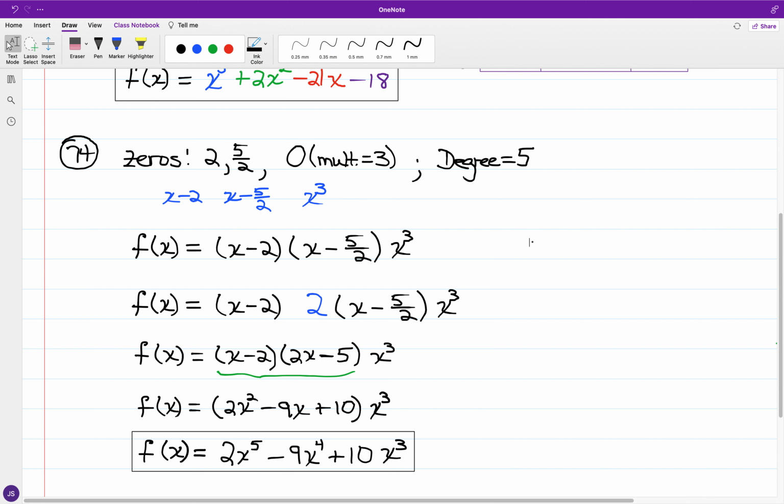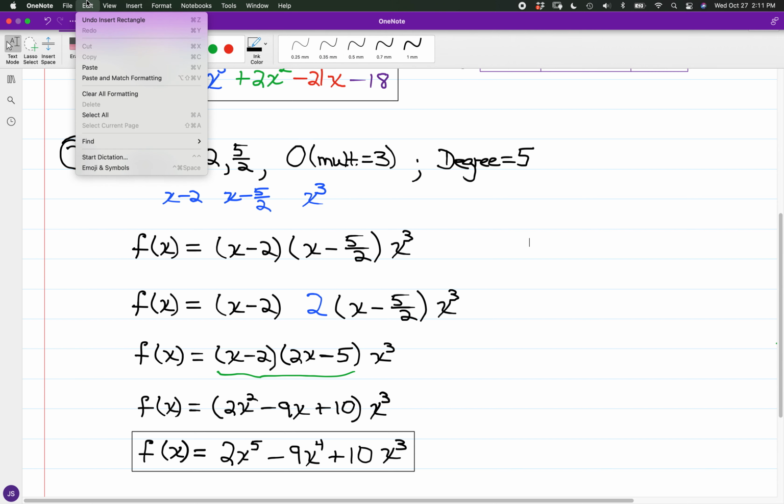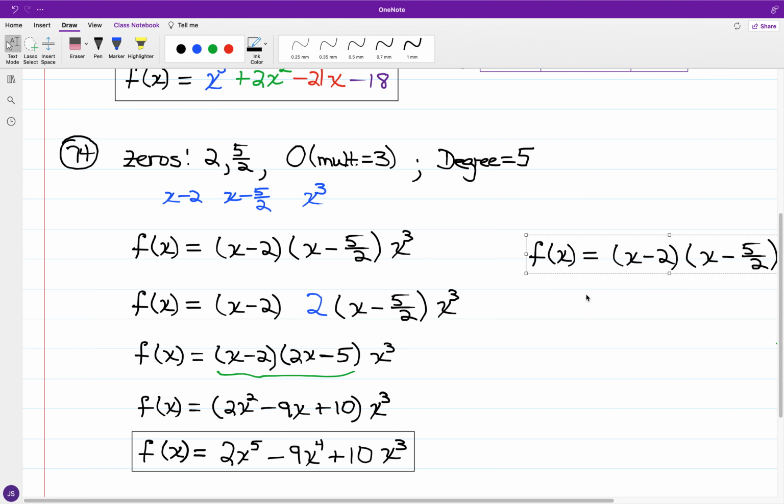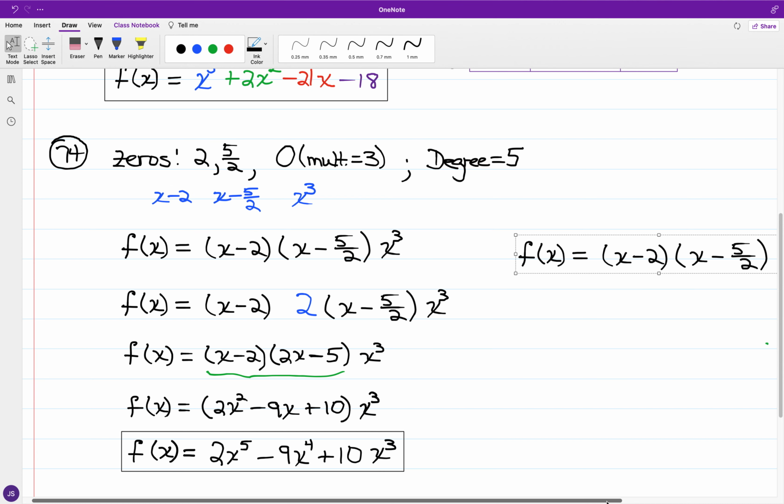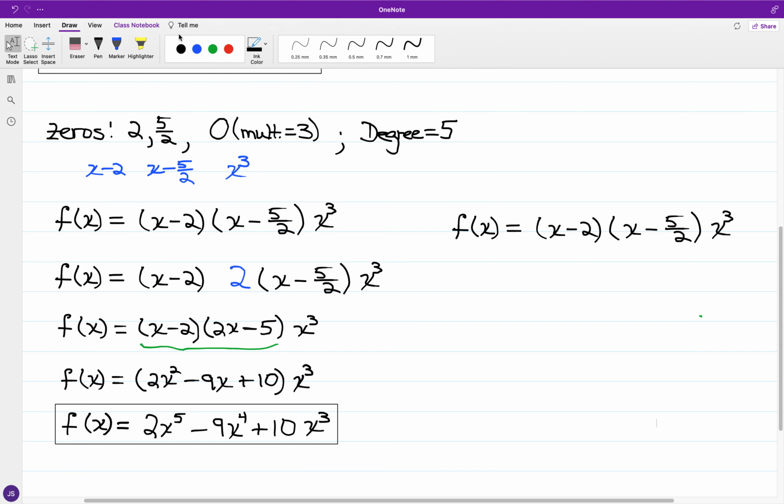Now I'll just mention, if I had kept the original formation and multiplied the factors as they were, without even changing x minus 5 halves, you're still going to have the same zeros and multiplicities.